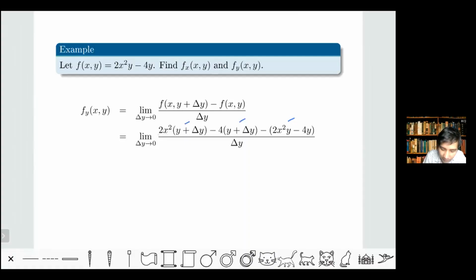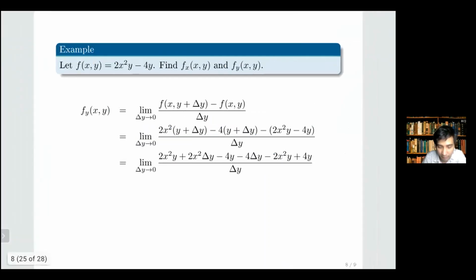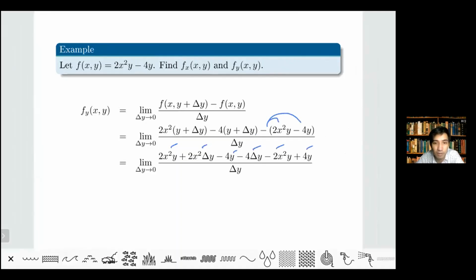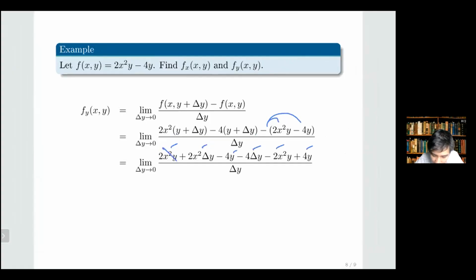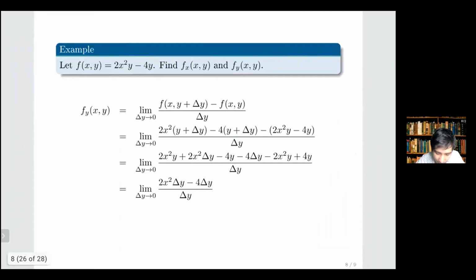So pag in-expand natin to, what we get is this expression. So 2x squared y plus 2x squared delta y minus 4y minus 4 delta y. Tapos ito, distribute ko yung minus sign. So that's going to be minus 2x squared y plus 4y. Right? And kung mapapansin nyo, you can cancel out 2x squared y here and negative 4y with this plus 4y. So ang matitira na lang ay yung 2x squared delta y, okay, minus 4 delta y.